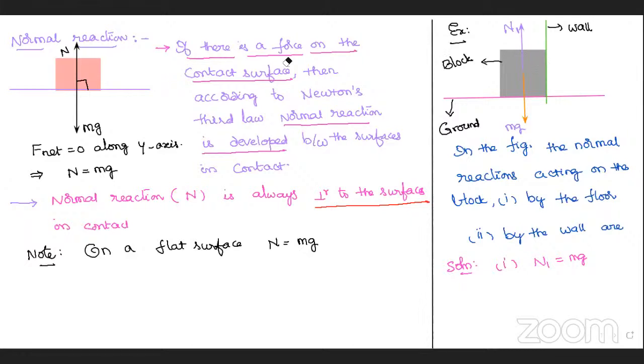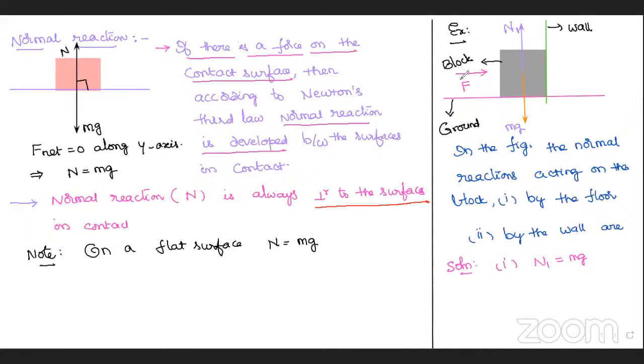Second one, by the wall means actually it is in contact with the wall. But the problem is that towards the wall, there is no pressing force. Means no one is applying any force, pressing this book towards the wall. I'm not applying any force here.